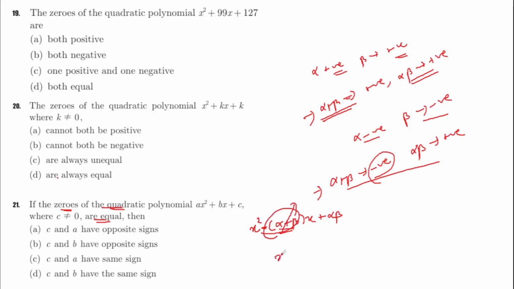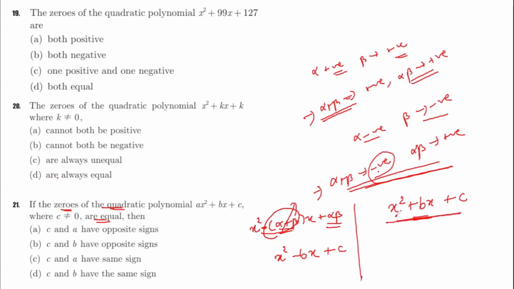So x square minus bx plus c, because this is positive. For the other scenario, x square plus bx plus c, as there is a sign of negative here and alpha plus beta is also negative, so negative and negative will give you positive.